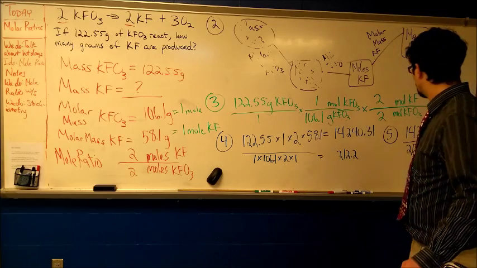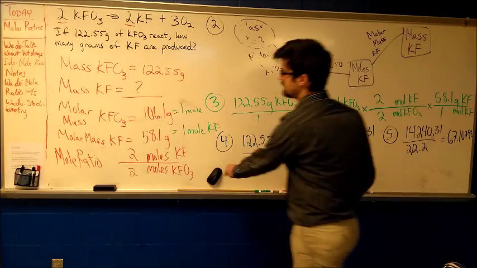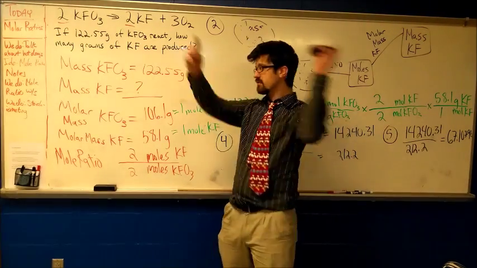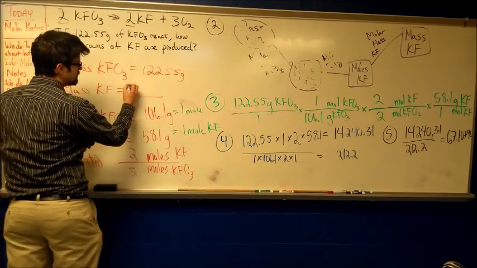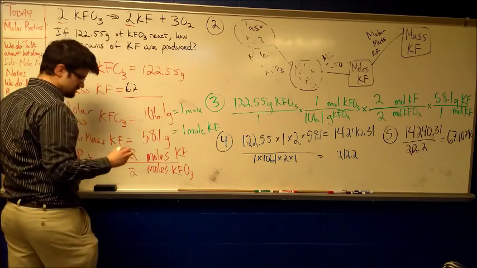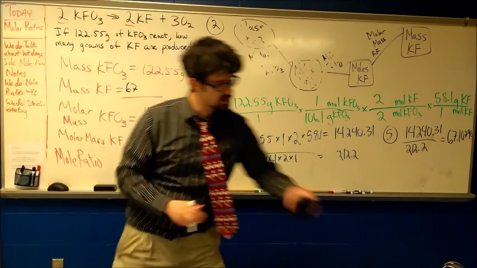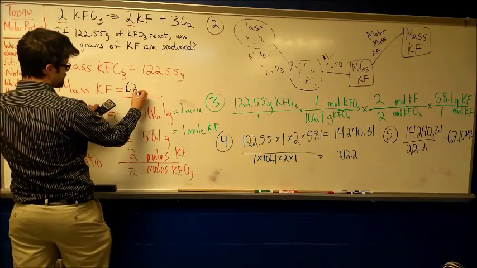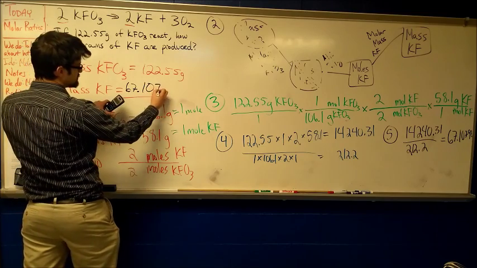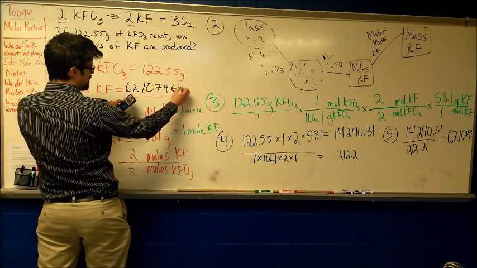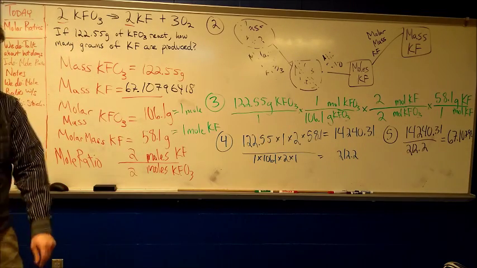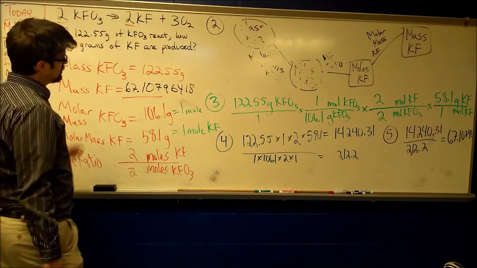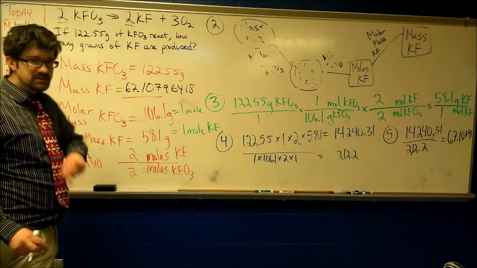Okay? So, that answer right there is all the way back over here, the mass of KF. 67.10796, at least that's what I got on the calculator. Now, we're not going to write all those numbers out.